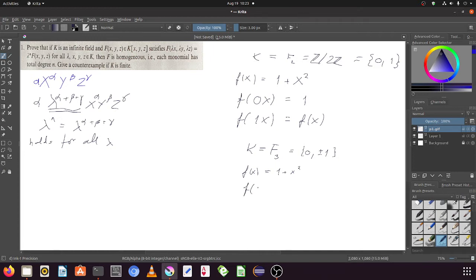F of 0 equals 1, and f of plus minus 1 x equals f of x. Then we shouldn't have 1, then we should have x plus x to the fourth.